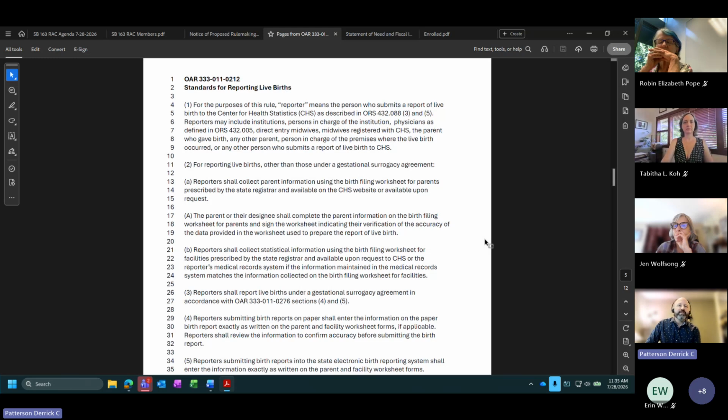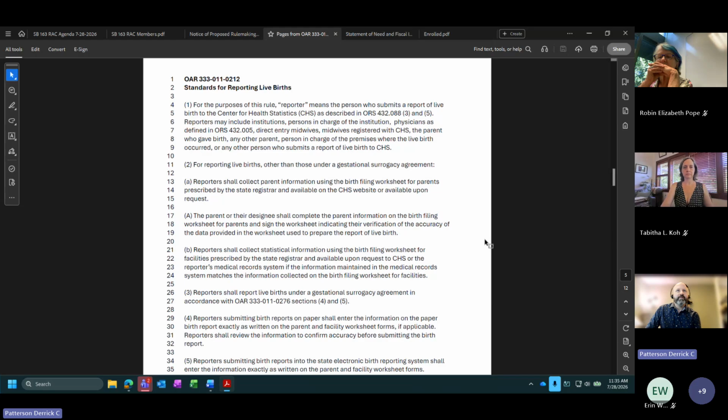B, reporters shall collect statistical information using the birth filing worksheet for facilities prescribed by the state registrar and available upon request to CHS, or the reporter's medical records system if the information maintained in the medical records system matches the information collected on the birth filing worksheet for facilities. Questions or comments on section 2? Okay.